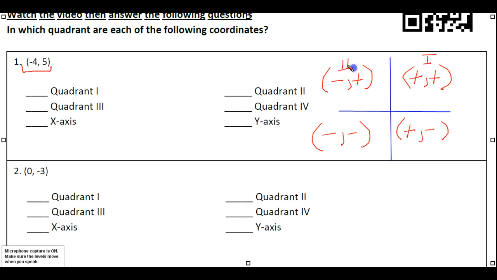Second quadrant, and we label them counterclockwise, the x would be negative, the y would be positive. In the third quadrant, both would be negative. And in the fourth quadrant, the x would be positive, the y would be negative.